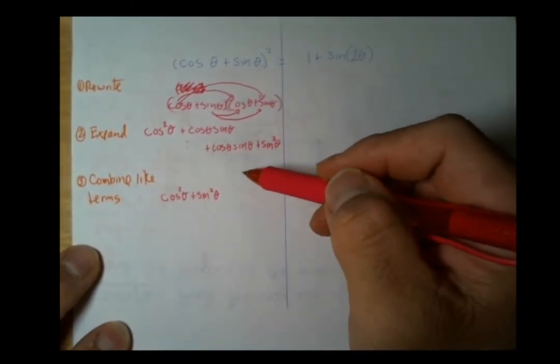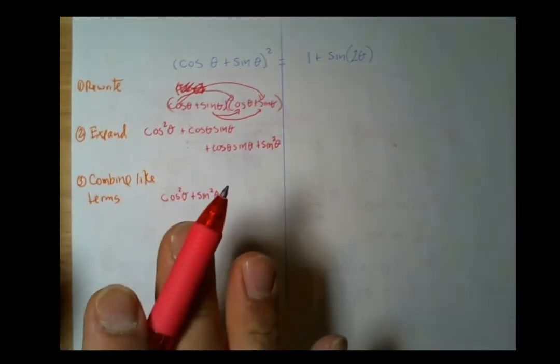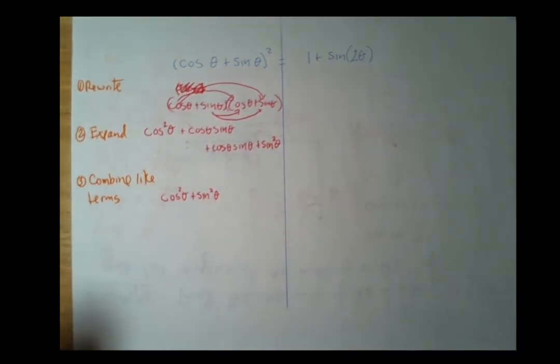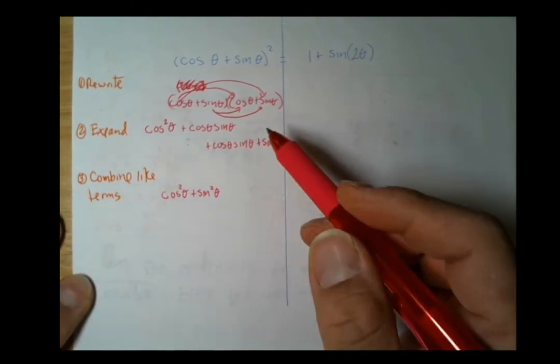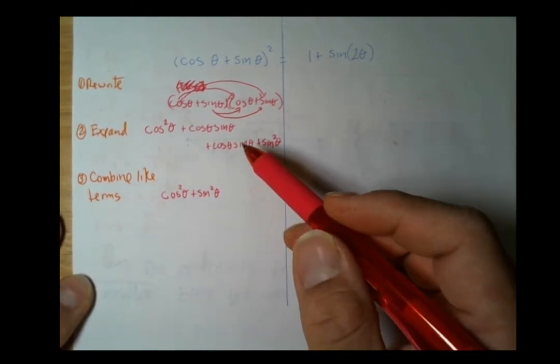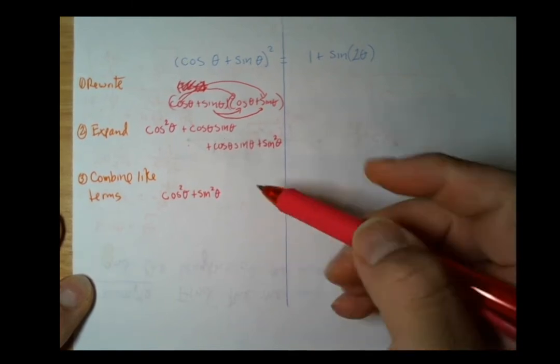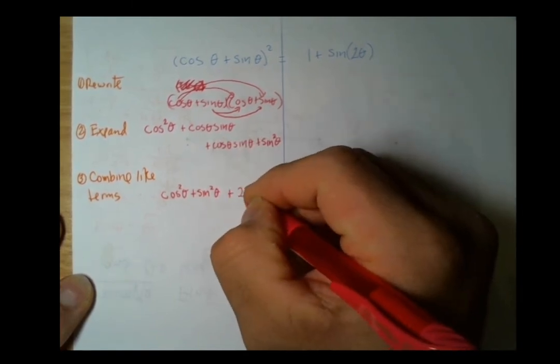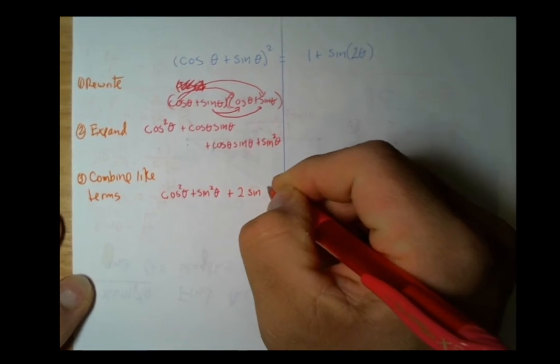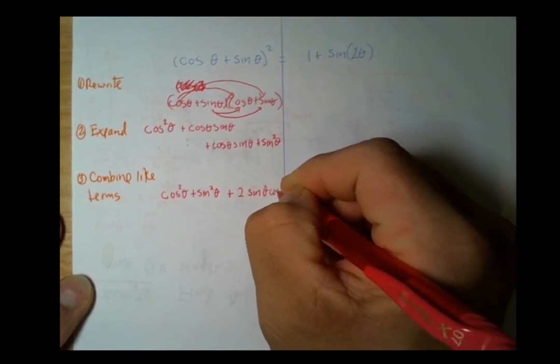They have exactly the same factors, even if they weren't in the same order, if it was, let's say, sine theta, cosine theta. It's multiplication, so remind yourself, 4 times 3 is the same as 3 times 4. The order doesn't matter when we're talking about multiplication. To determine that they are in fact like terms, I have one here and one here for a total of 2 sine theta cosine theta.